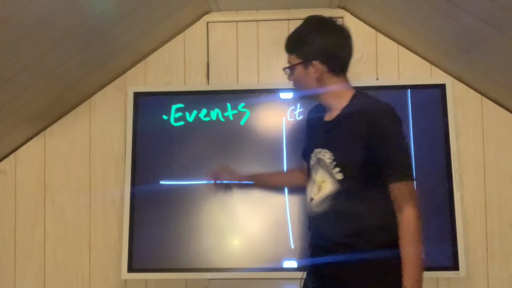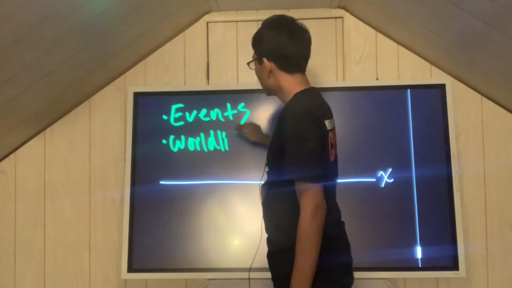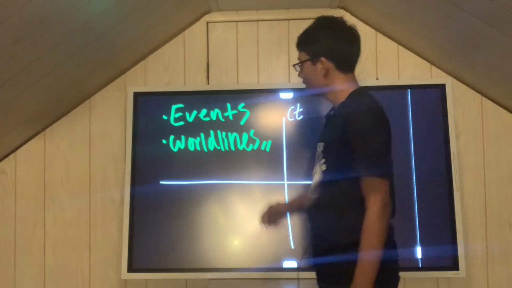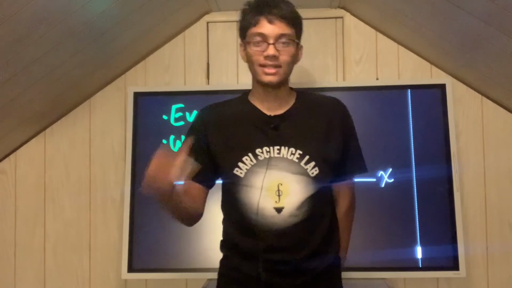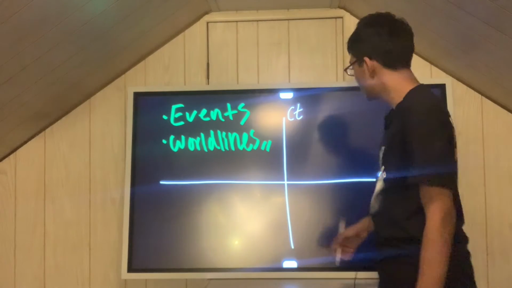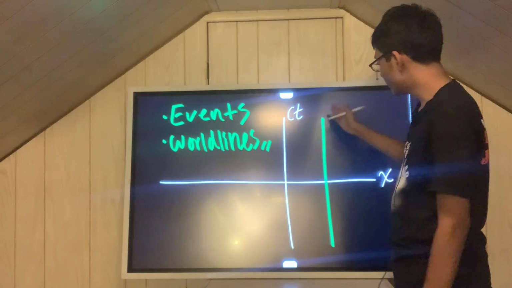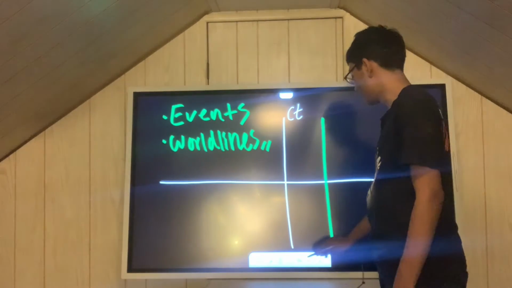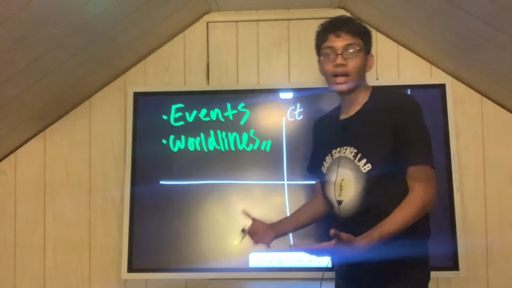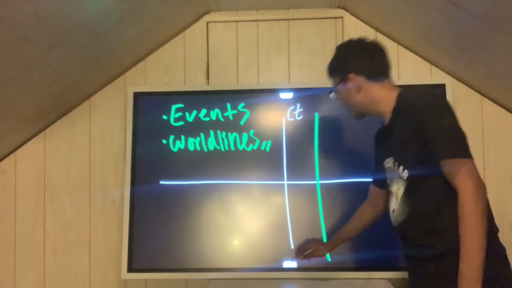You can also have world lines. World lines are the path of a moving object. They're the trajectory of a moving object in space-time. For example, an object at rest is only going to be moving through time and not through space.